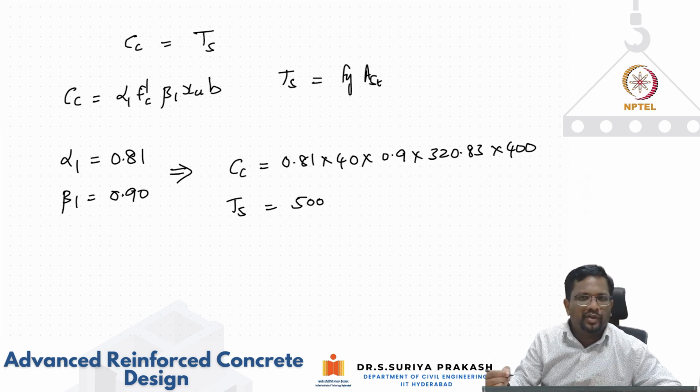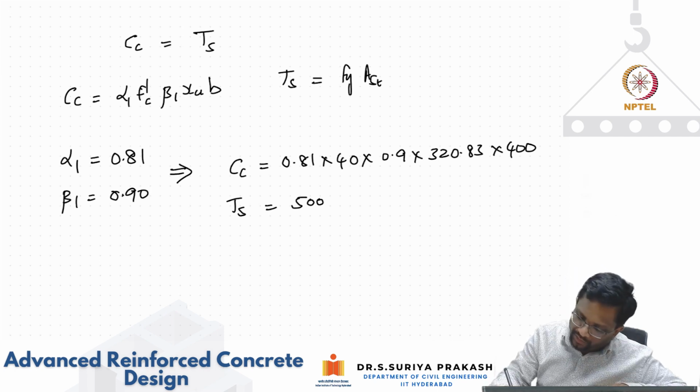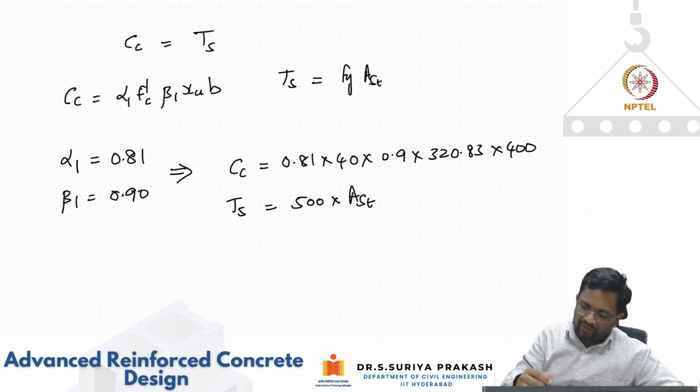I know the yield stress, but what I am interested in is the amount of steel that will lead to the balanced condition. So AST is what I'm interested in finding. So 500 AST. Anyway, the equilibrium condition has to be satisfied.